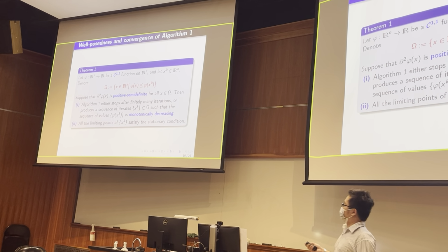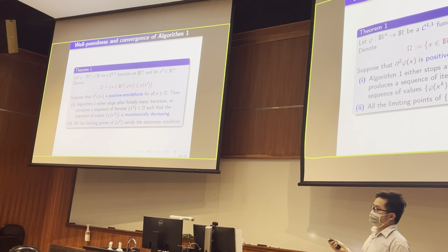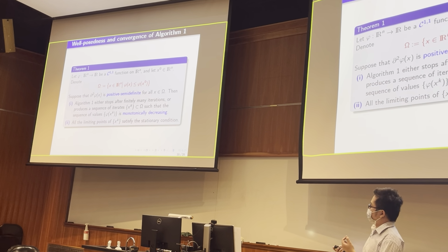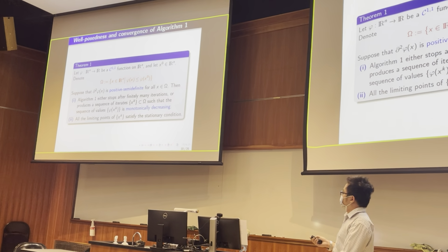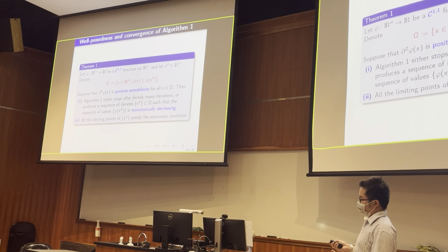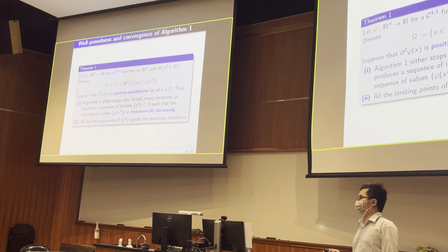The second is that if x bar is a limiting point of the sequence, then x bar is a stationary point of the cost function. These are the results about the convergence behavior of our algorithm.